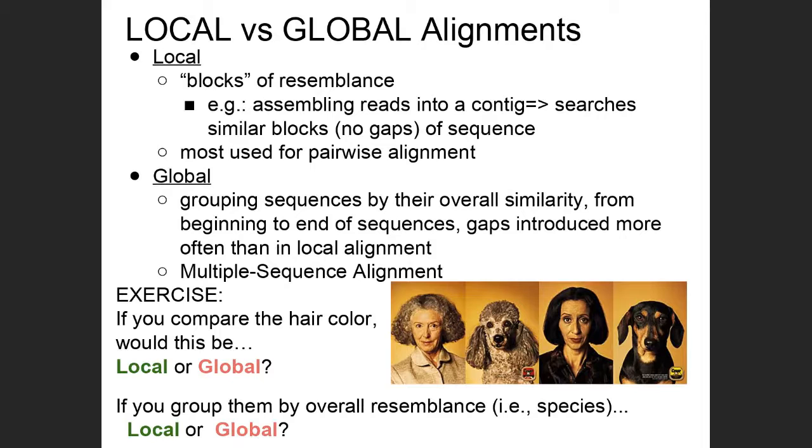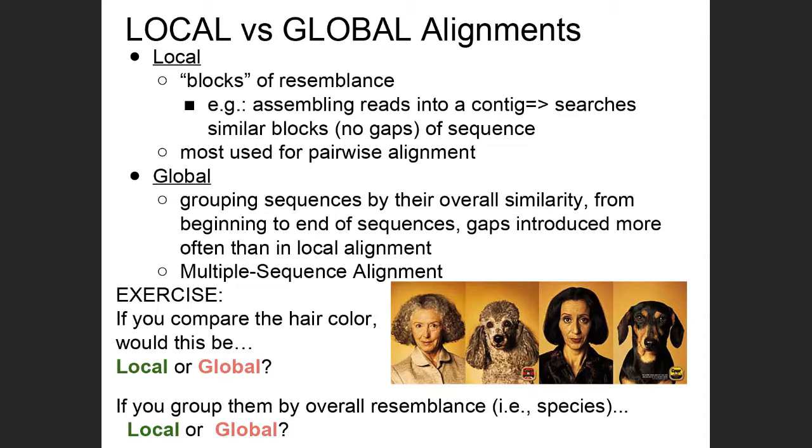So there are reasons we do that with sequence. And as you have done in the past, maybe I just want to see, do they have a block of similarity? I don't want to see how they overall resemble each other. So did you get the main idea of this? All right, good, thank you.